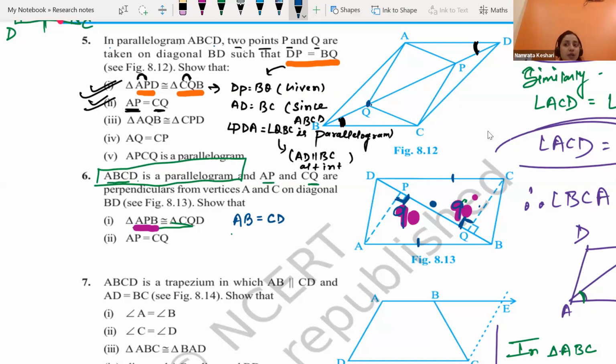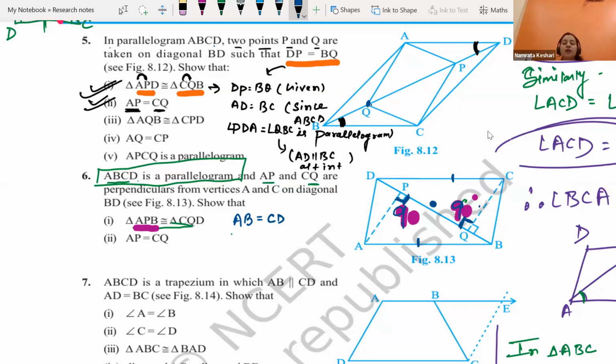I'm not saying it to any specific student, everyone is going to sit with all the questions. Question number 5, question number 6, question number 7, and you have to solve them by yourself. You have to check whether you are able to do it. If not, please let me know. We will be arranging classes on triangles. Am I making sense? Yes, ma'am.